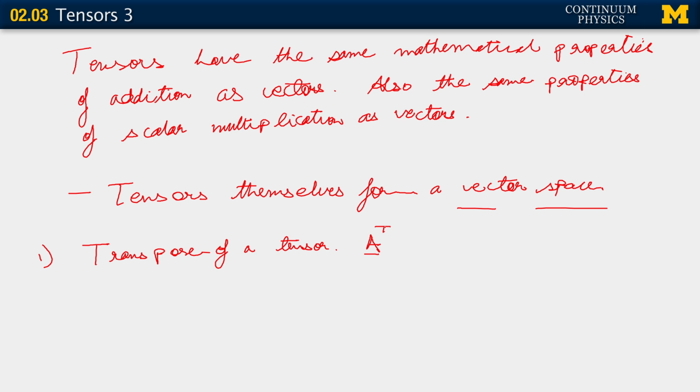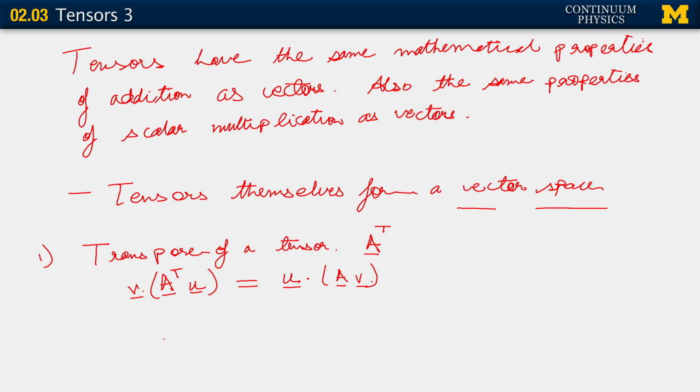We will write it as A sub T. In order to define the transpose of a tensor, if we have A transpose act on a vector U, that gives us a vector. If we dot it with another vector V, what we mean by this operation is simply U dot with A V. That is what we mean by the transpose of a tensor.